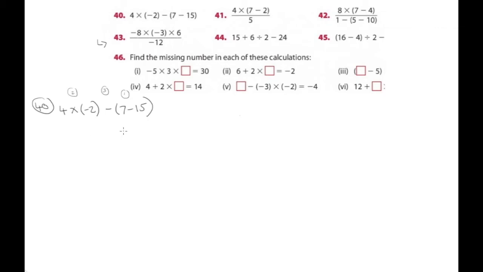7 minus 15, well that's going to be a minus number. It's minus 8. And then the minus is still here, carry down the minus. And minus 2 multiplied by 4 is going to be minus 8, isn't it? Because a minus by a plus gives you a minus. Now, this one here, number 40.